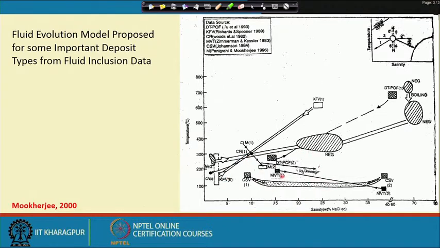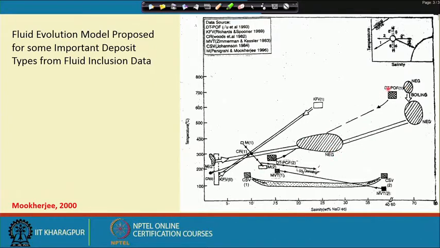And the one shown here is MVT1, which is the Mississippi Valley type deposit, and 1 and 2. There also we find mixing trends established between fluids of high salinity and moderately low or low salinity fluid, both falling in the low temperature regime.